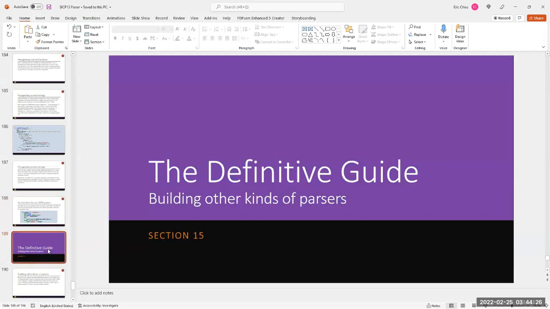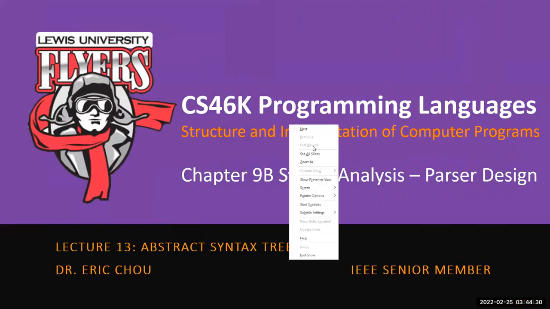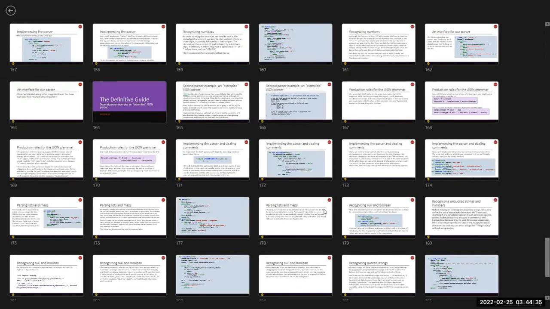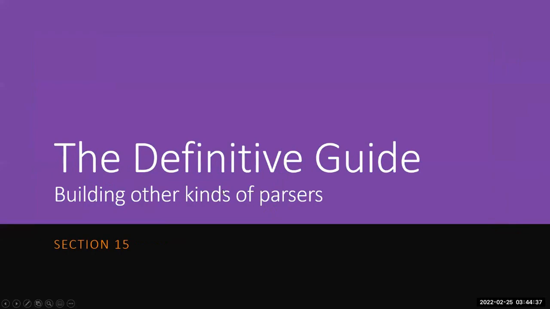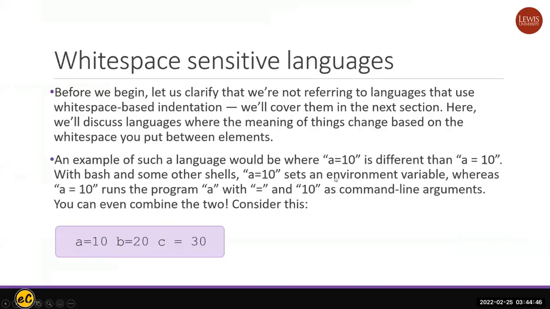So here, let's look at section 15. We finished two basic and simple parsers. Now we are able to work on other kinds of parsers. White space sensitive languages: before we begin, some languages are white space sensitive, and you cannot eat the white spaces.